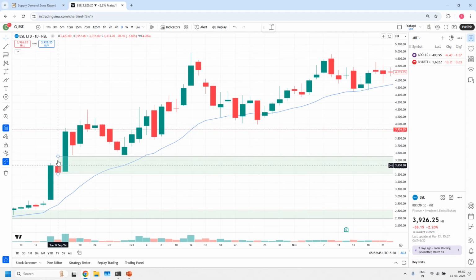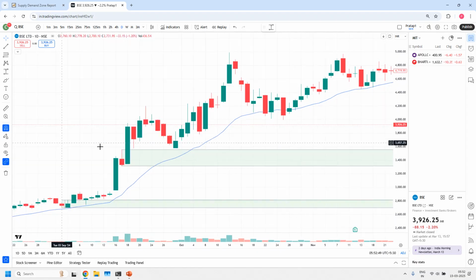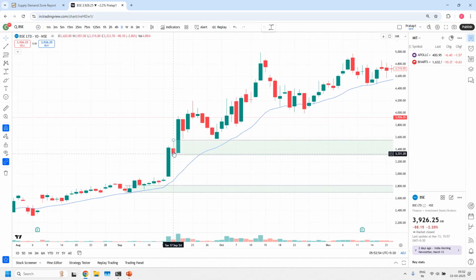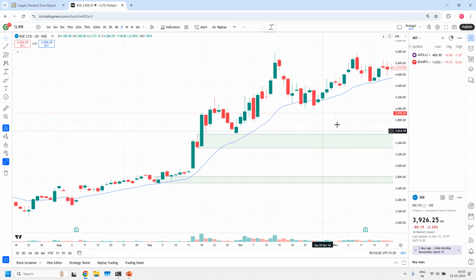Maybe the software might have calculated this as a failed ERC candle. Maybe this could be a little bigger than a medium-sized candle. So that is the reason why the software ignored this candle as a zone.